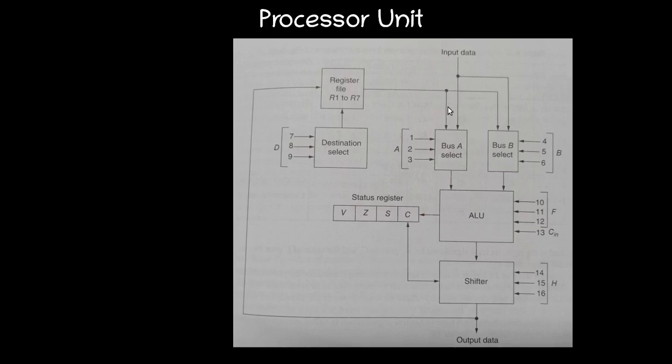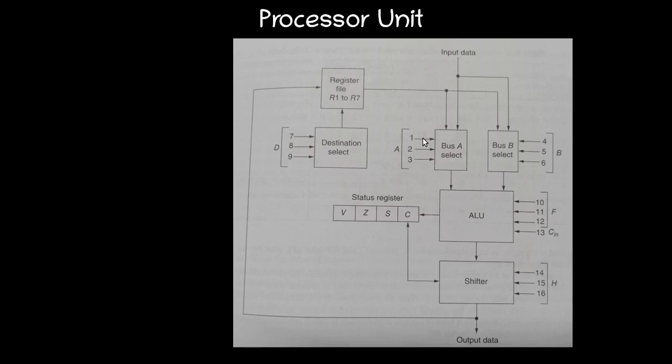So we have seven inputs from this register file, both to this one and to this one, and one external input data other than from the register file. So we have 8 inputs to this side and 8 inputs to this section. Based on the 3 select lines, we can select any one of these.